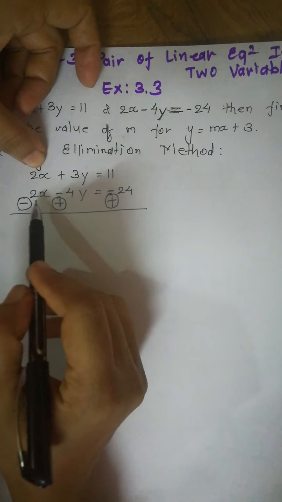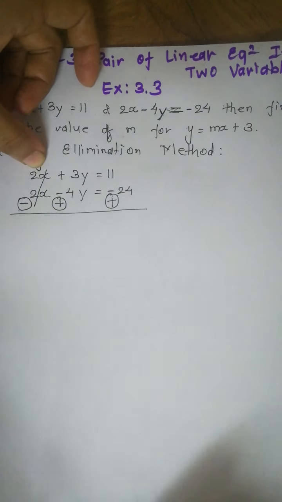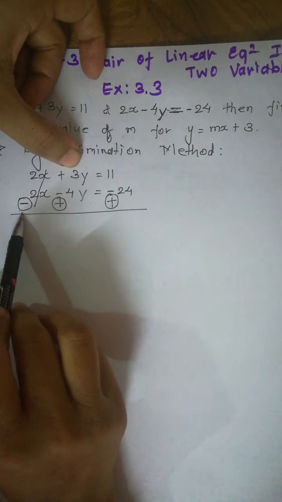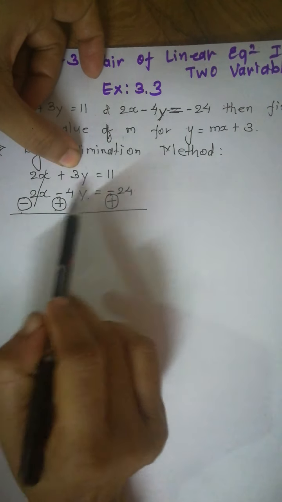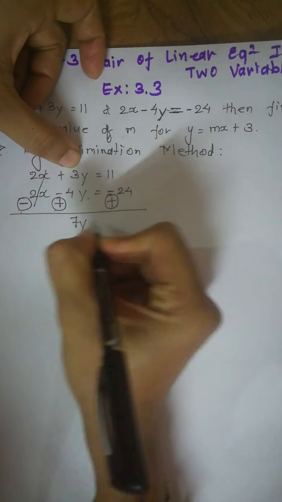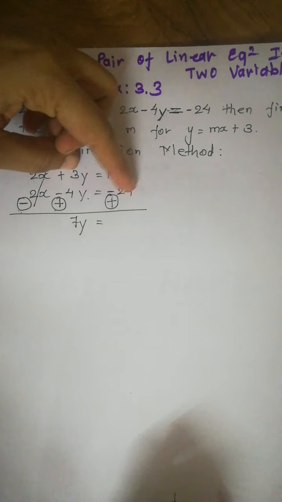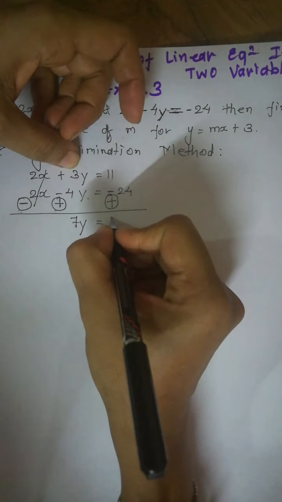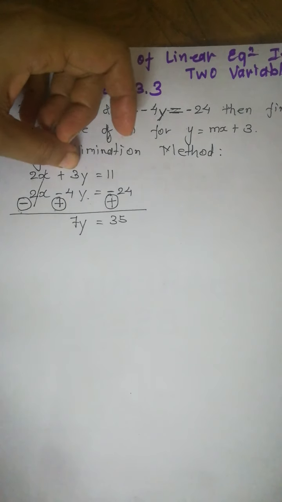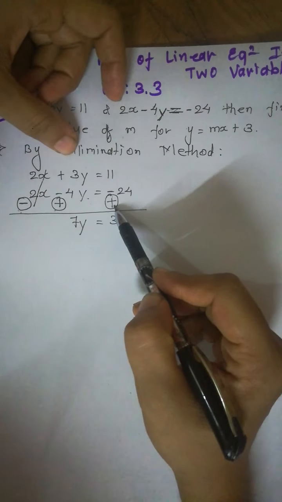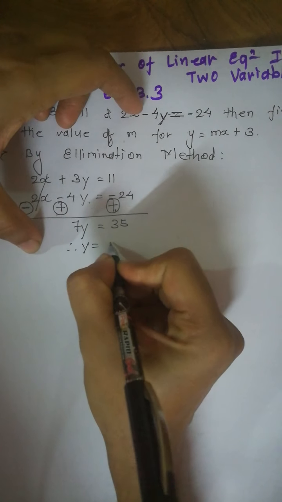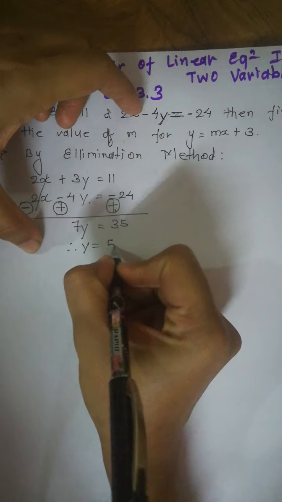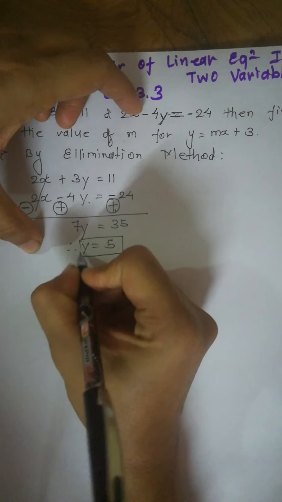So 2x minus 2x is cancelled out, 0, which is what we wish, and 3y plus 4y makes 7y, is equal to 11 plus 24, that is 35. Therefore y is equal to 35 by 7, which is 5.